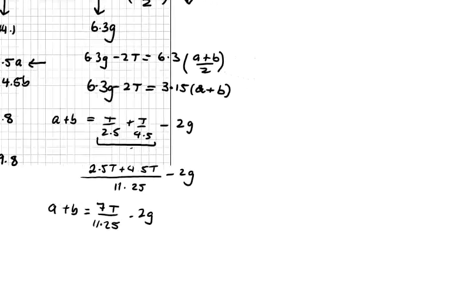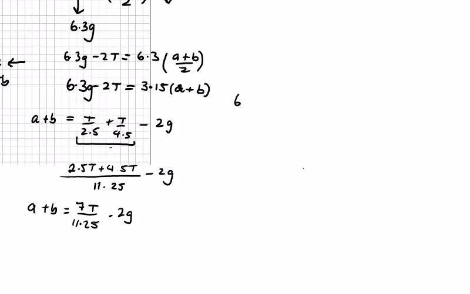Does this help? I now have just an expression, 6.3G minus 2T is equal to 3.15 times A plus B, which we have as 7T over 11.25 minus, I'll just change it to 19.6. We have to work out the answer here.